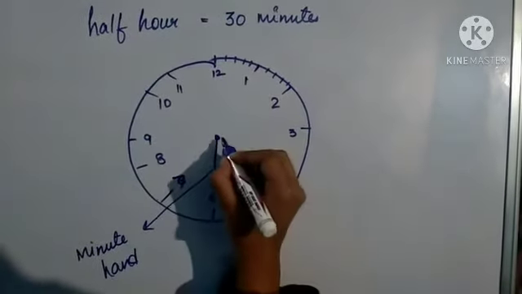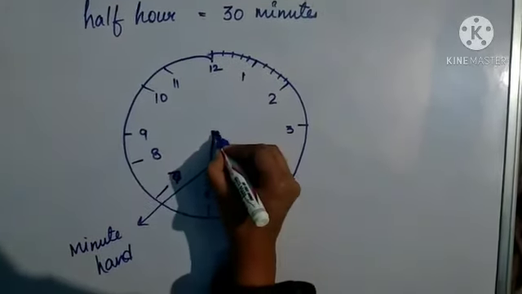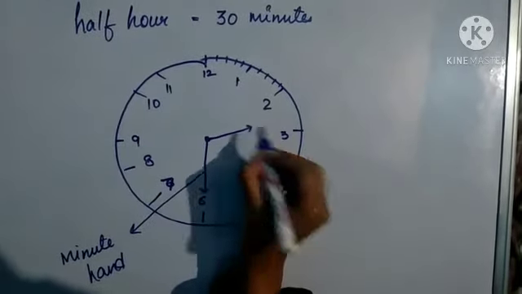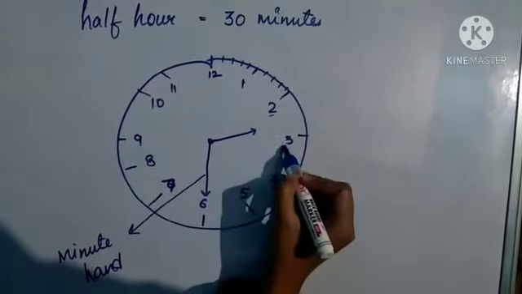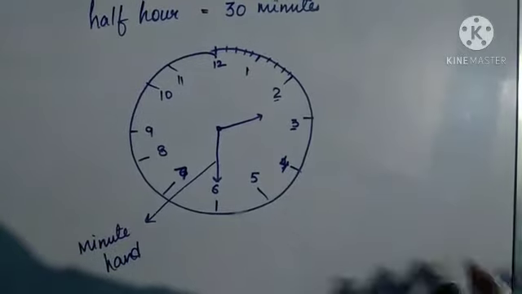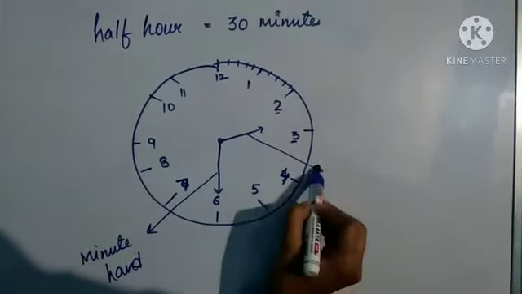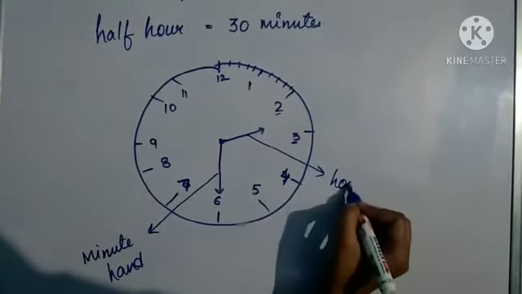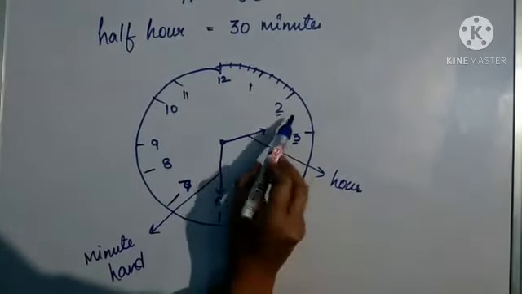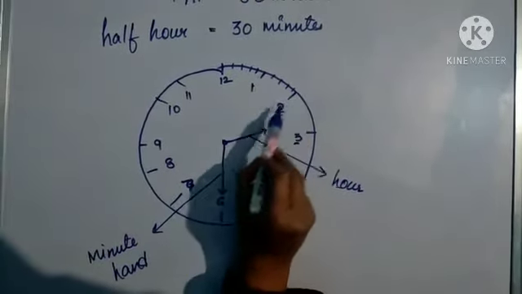And if our short hand, that is the hour hand, is pointing between 2 and 3, as you can see, it is between 2 and 3.